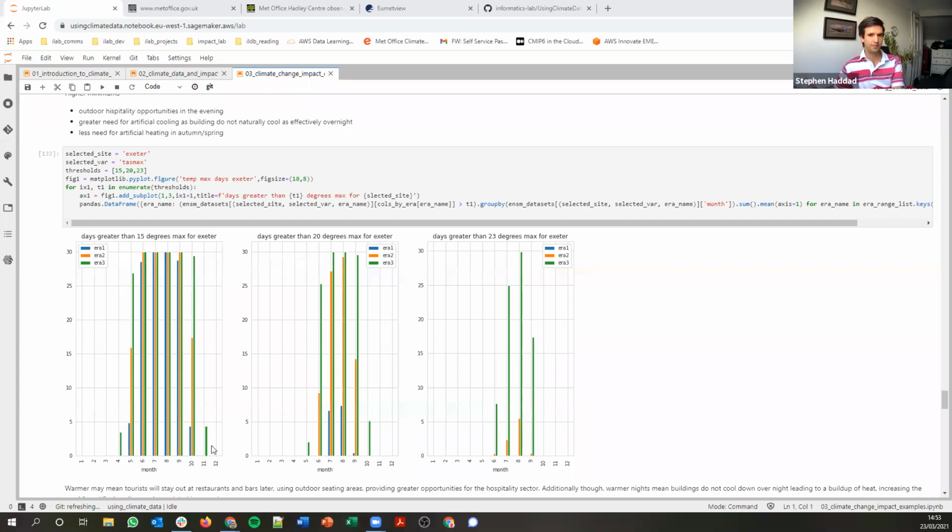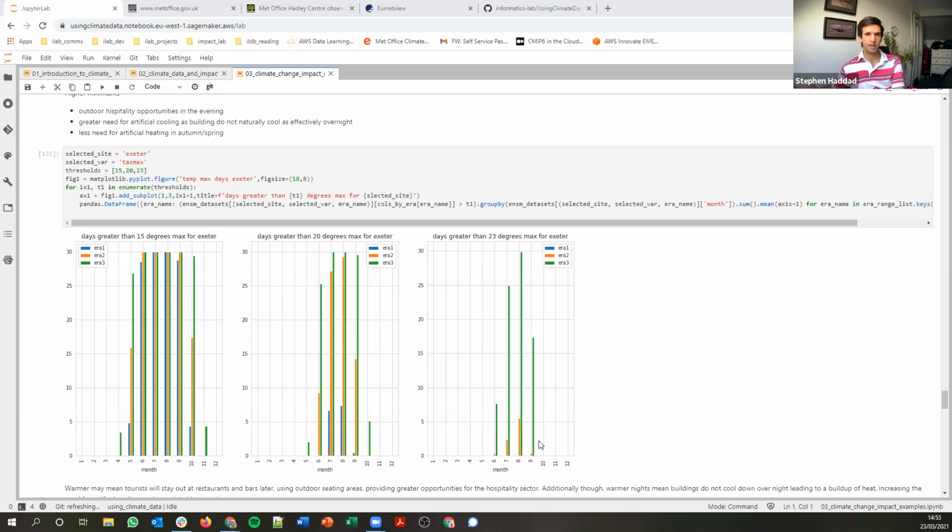So greater season for a leisure activity where the temperature needs to be greater than 15 degrees for people to want to do that. And similarly, you can see perhaps for quite warm weather activities. So, well, this is for something greater than 23 degrees, whereas in our climate simulations for era 1 and era 2, there were very few, if any, days projected to be greater than 23 degrees.